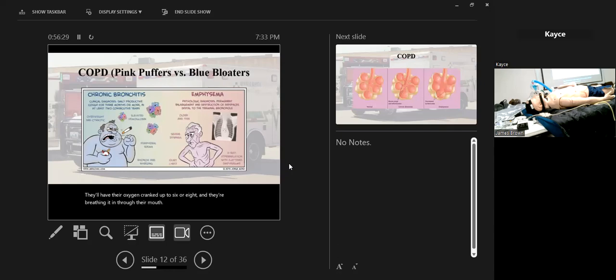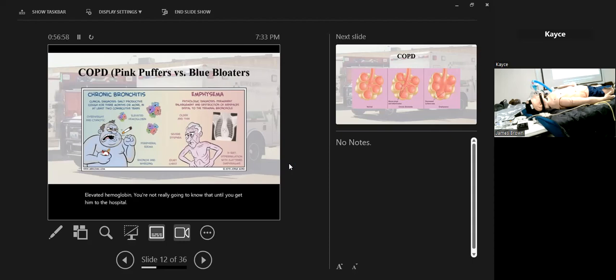So pink puffers versus blue bloaters. I forgot to put a parenthesis at the end of there. So chronic bronchitis. Clinical diagnosis, daily productive cough for 3 months or more in the last 2 consecutive years, usually overweight, usually cyanotic, elevated hemoglobin. You're not really going to know that until you get them to the hospital.